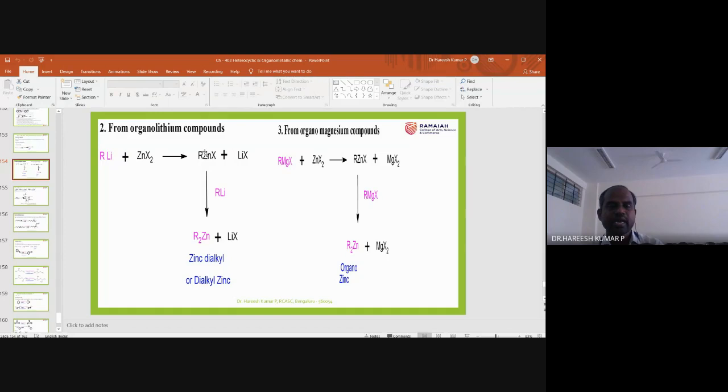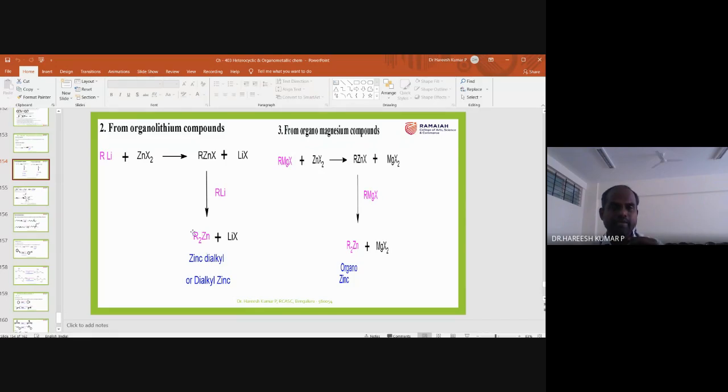So what is obtained is an alkyl zinc halide. This alkyl zinc halide can react with one more organolithium. This lithium forms a bond with the halide going out as lithium halide. Then what is obtained is dialkyl zinc.